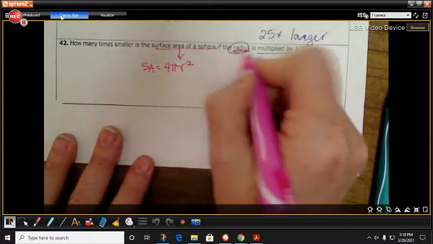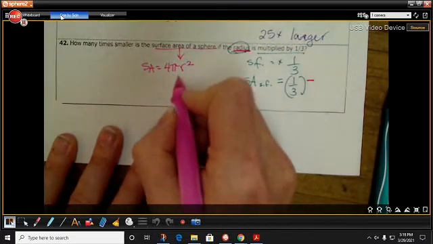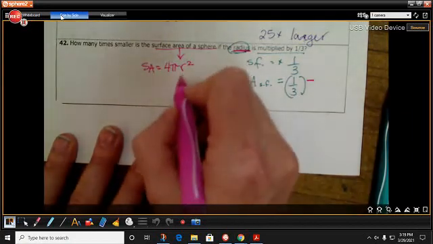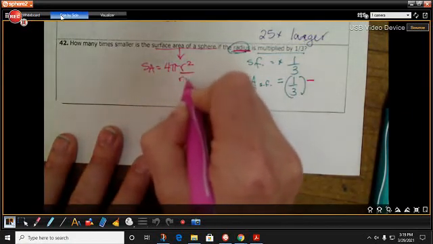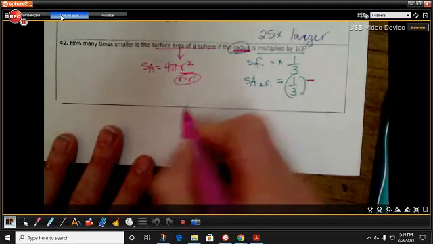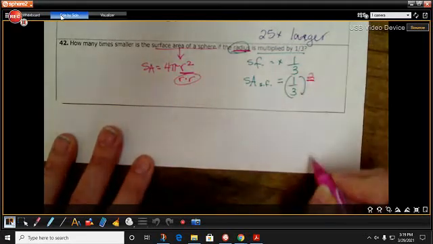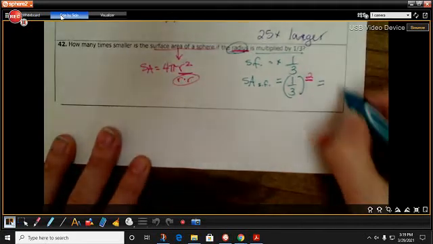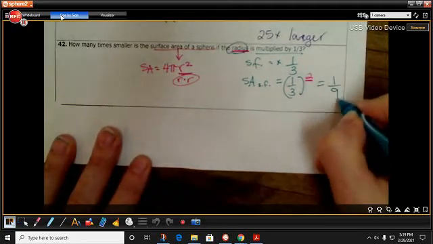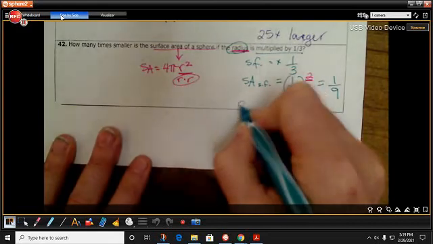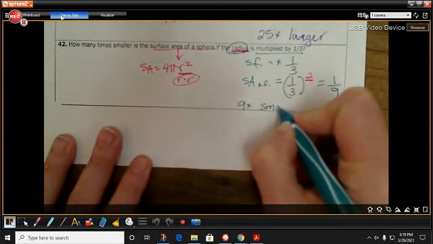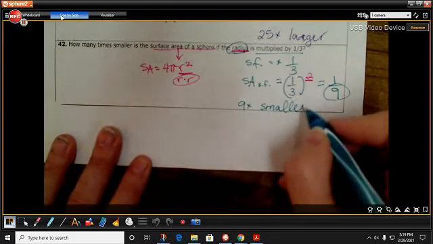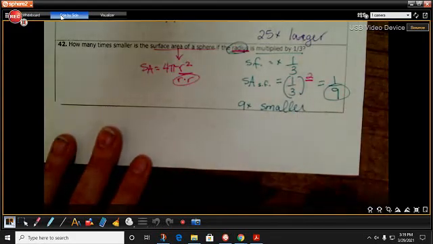So let's see how often that radius gets used in my surface area formula. Well, in my surface area formula, my radius is multiplied twice. So I'm going to raise this to the power of 2. And so my new surface area is going to be 1/9 the original. So it's 9 times smaller. Whatever that denominator is tells you how many times smaller it is since it got smaller.